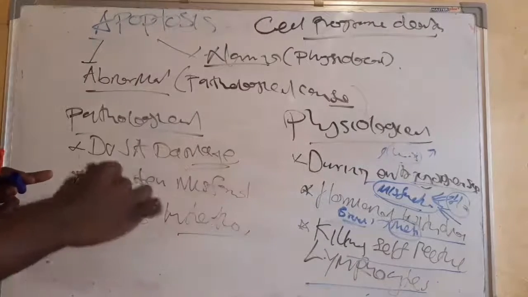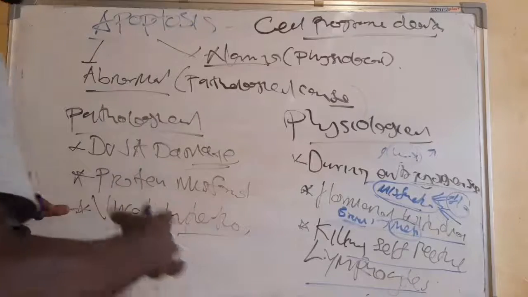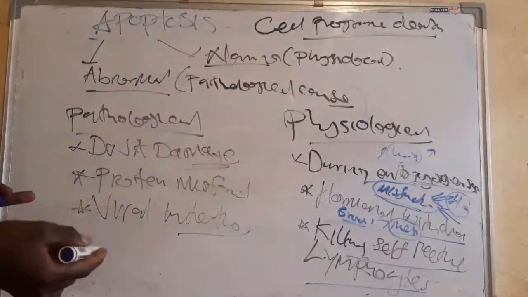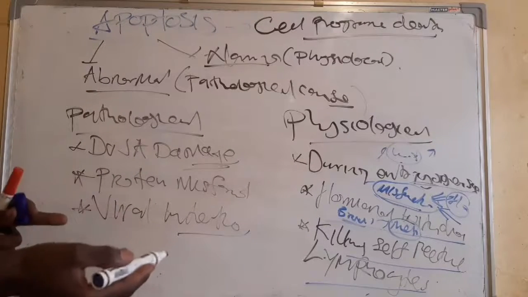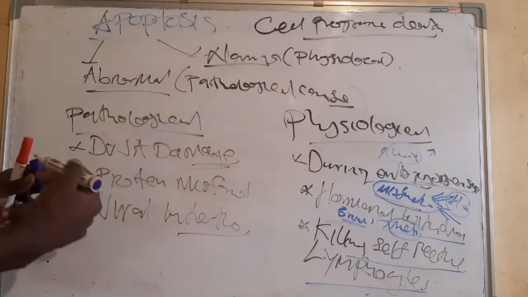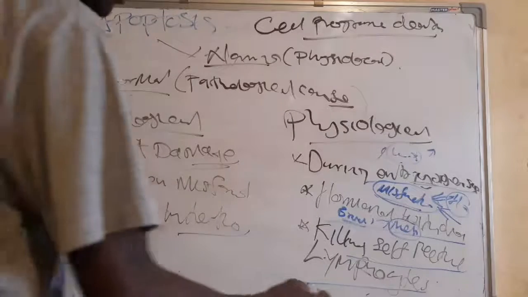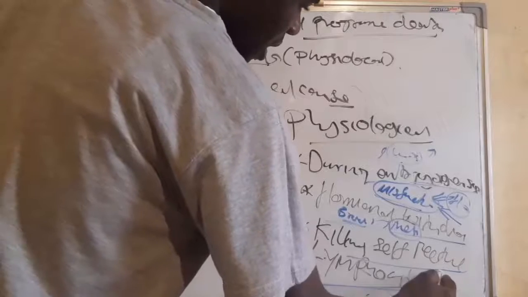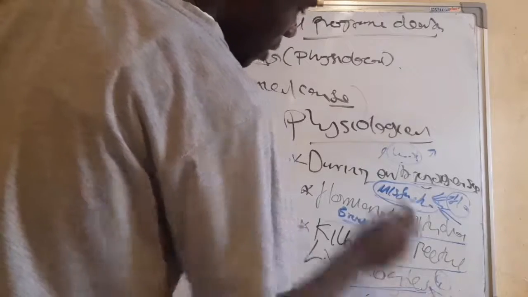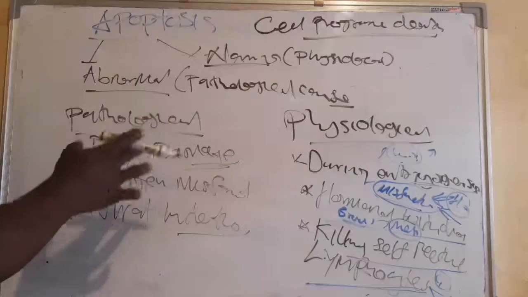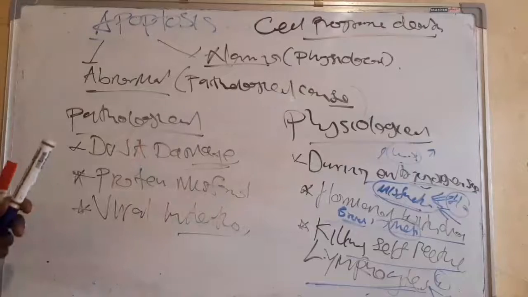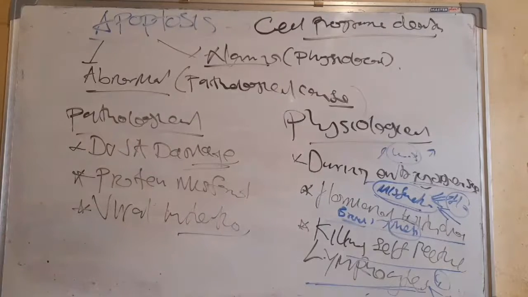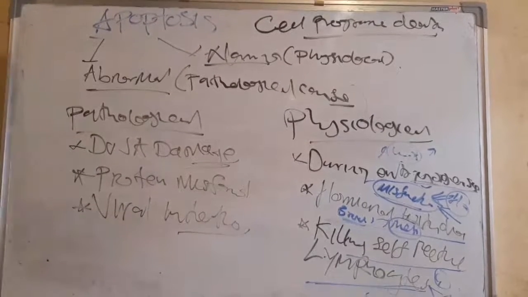But when these cells fail to recognize the foreign cell and instead recognize the body's own cells and kill them, this cell can be killed by apoptosis. So these are the causes. Now let us go into the process of apoptosis, which is the mechanism.